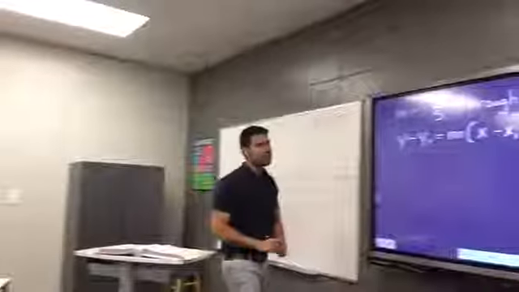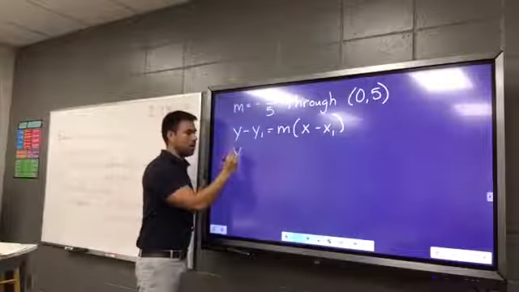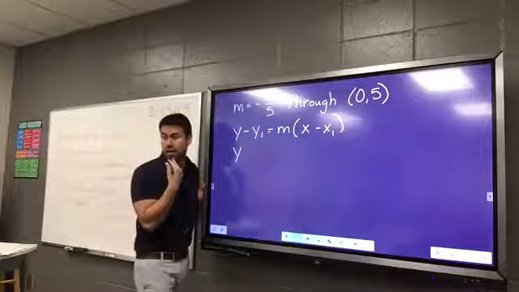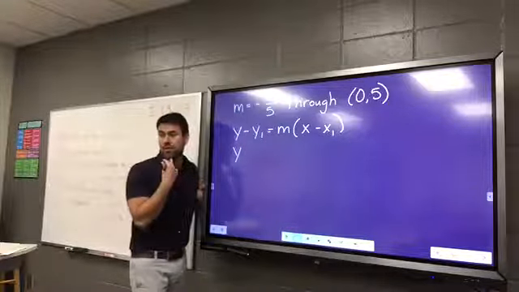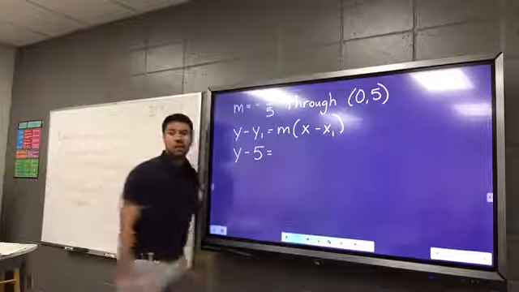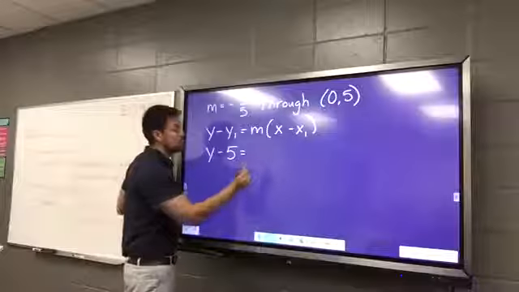Okay, Anna Grace, what numbers will go in here and here? So I'm going to have y. What's y sub 1? 5. So I'm going to put y minus 5. What's the slope, Hagen? -2.